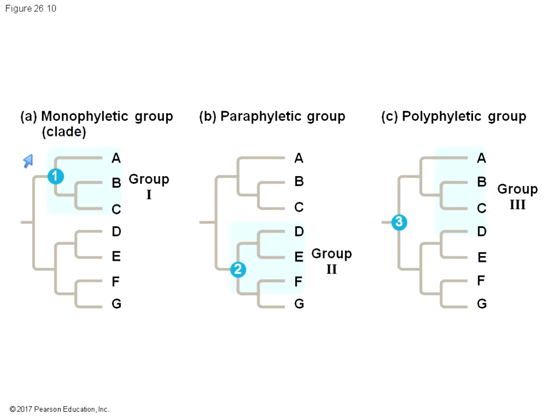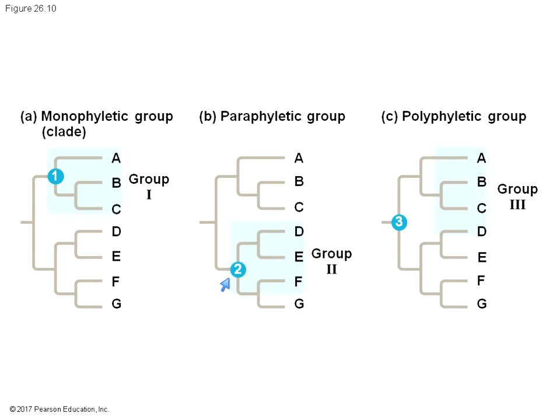Here's a monophyletic clade. Number 1 is showing you the common ancestor for this particular group 1 clade. This is including species A, B, and C. Here's group 2. This one is a paraphyletic grouping.